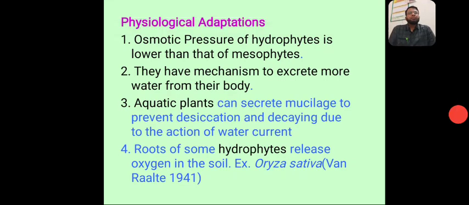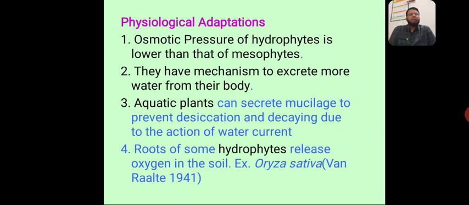Next, they have a mechanism to excrete more water from their body, because a huge amount of water is present everywhere, and so the water is drained by the plant to save itself from excess water. This mechanism is inbuilt in these plants.